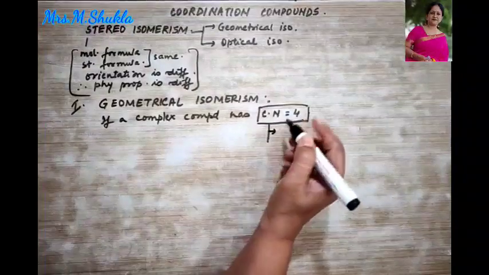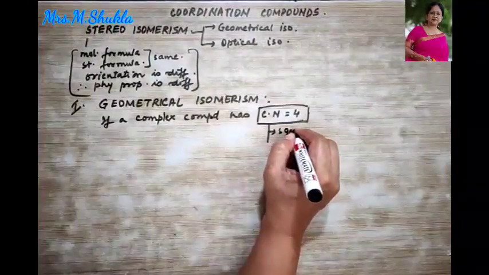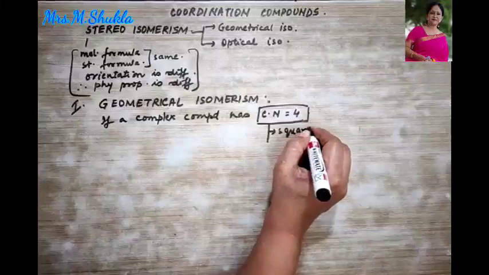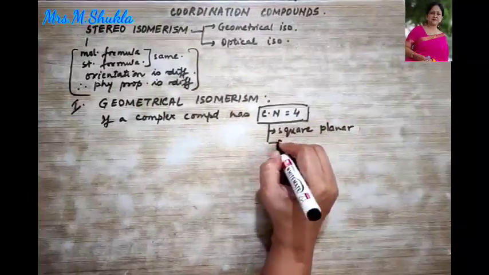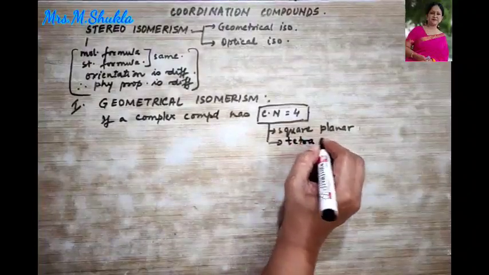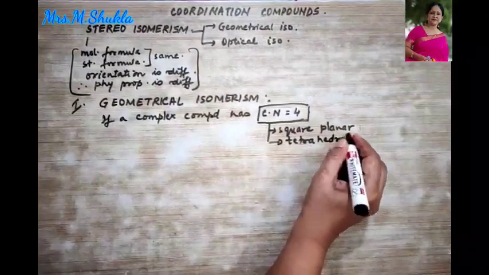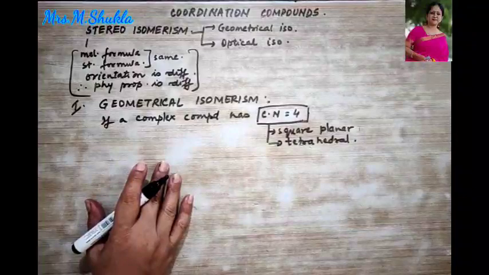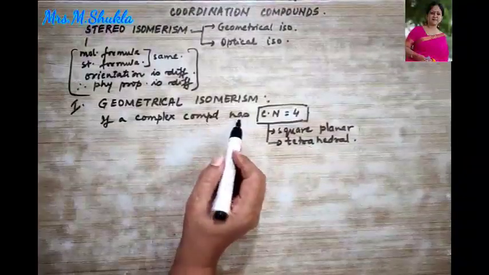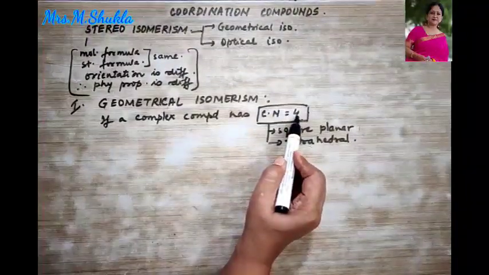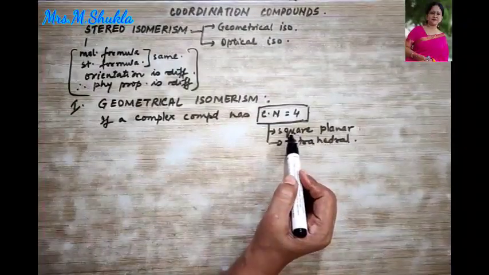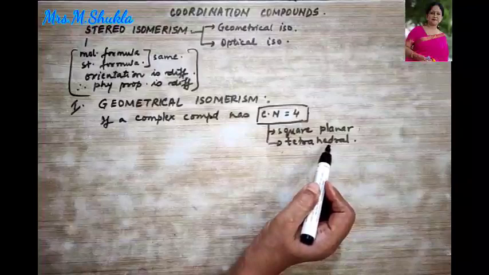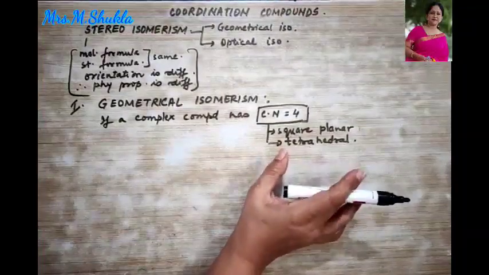It is going to be either square planar or a tetrahedral structure. What did I say? That if a complex compound has coordination number 4, then it will show two structures. What are those two structures? Square planar or tetrahedral structure.